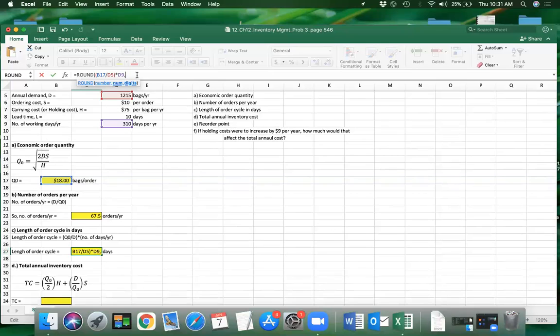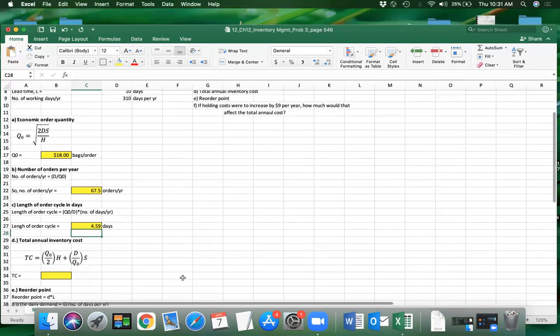I just want it to go to 2 decimal places. So 4.59. Each order is going to last 4.6 days or roughly 5 days. And the total number of orders that you may be placing in the whole year is 68. So that's something you have to keep in mind.